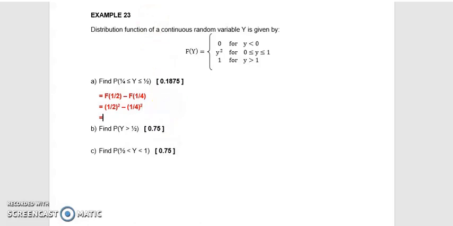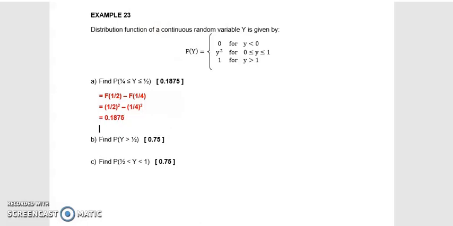Your answer will be 0.1875. So with the cumulative distribution for continuous, it is very easy to find the probability.